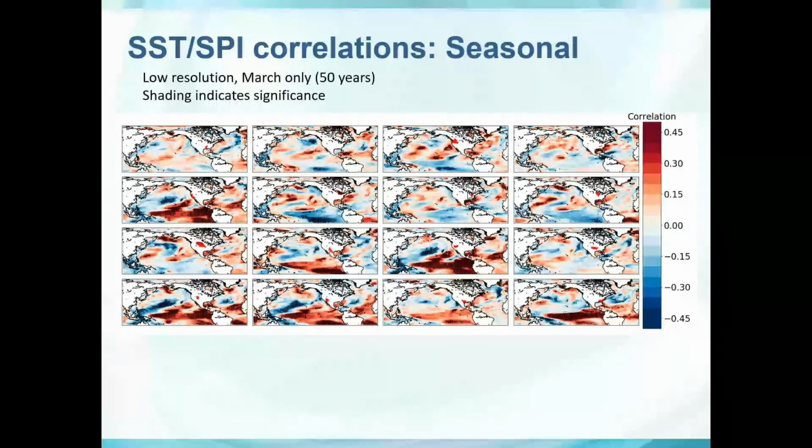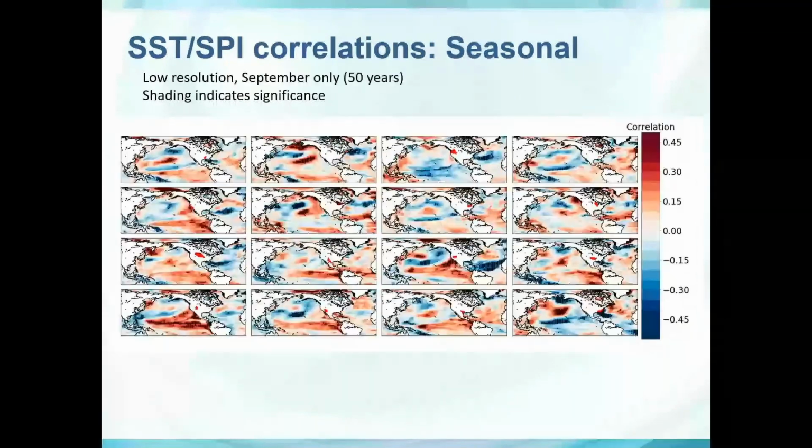But the biggest change, I'd say, is that the correlations look stronger, particularly in ENSO. We don't really see the same strong relationship in the North Atlantic and the North Pacific that we do before, but overall, the same patterns seem to hold. And that's true of September as well. We see a reduction in significance in this case, but overall, the patterns seem like they're the same.